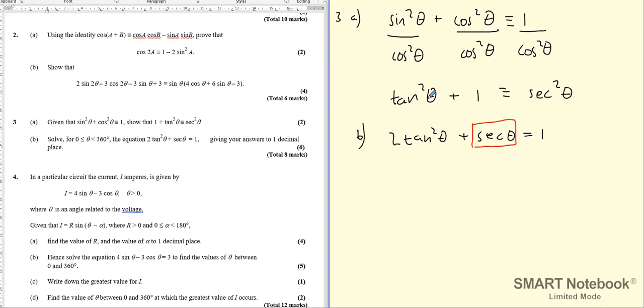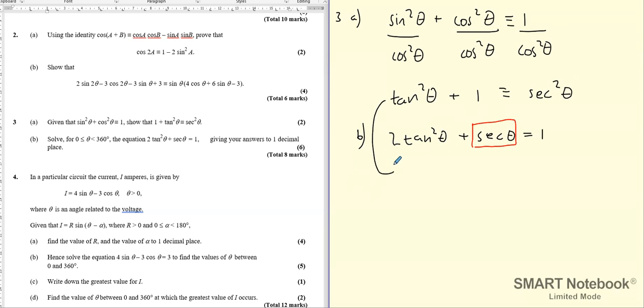Any squared term from this identity I can change, but I can't change sec theta because it doesn't have a power 2. So that must mean I need to write tan squared in terms of sec. And I can use this identity.